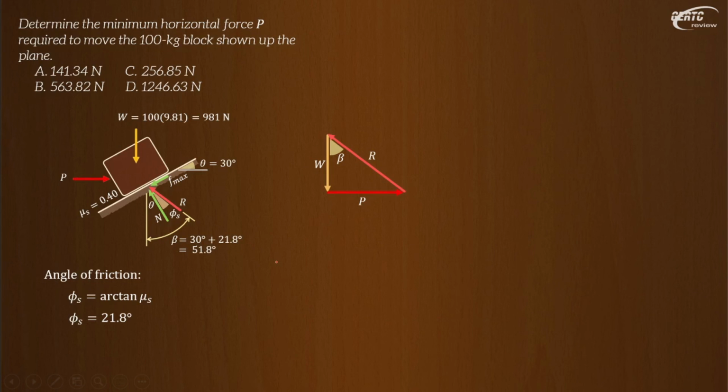If you remember, in the previous problem, beta is theta minus phi. Here it will be bigger, 51.8. Knowing the value of beta, P is equal to W tangent of beta, which will give you 1246.63.